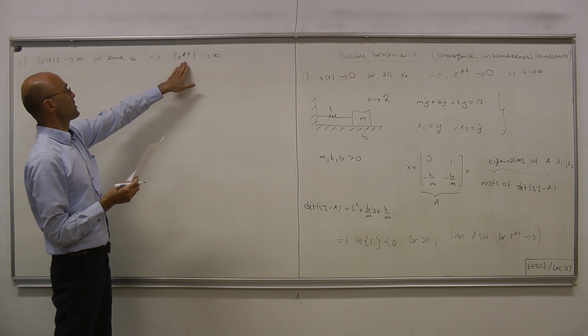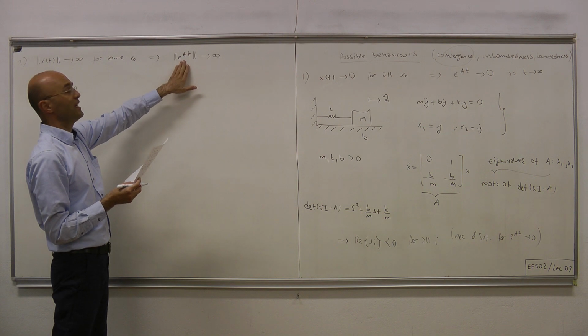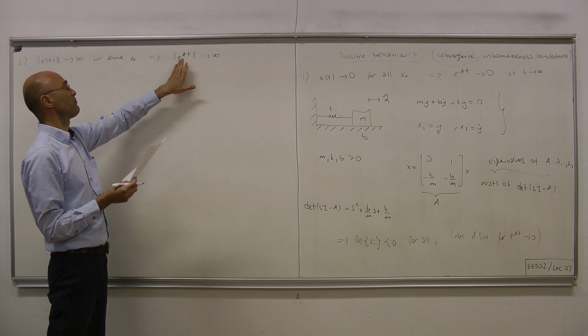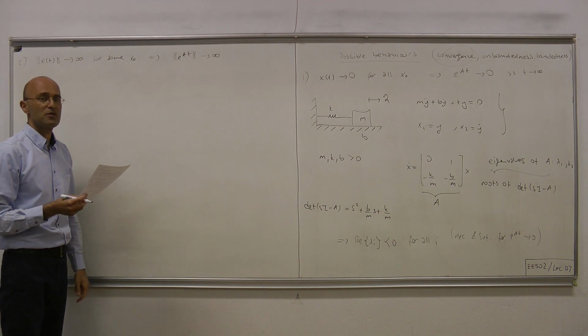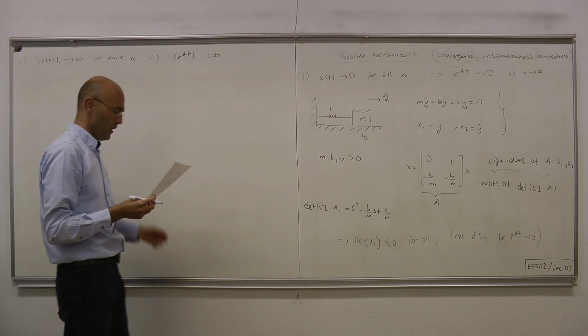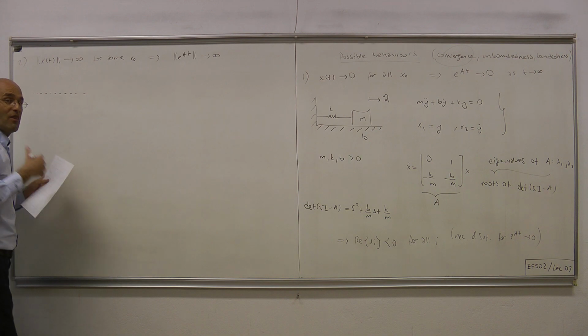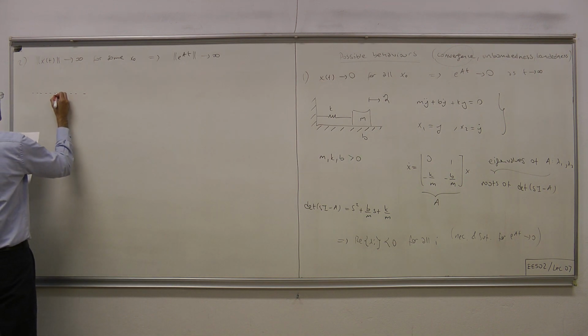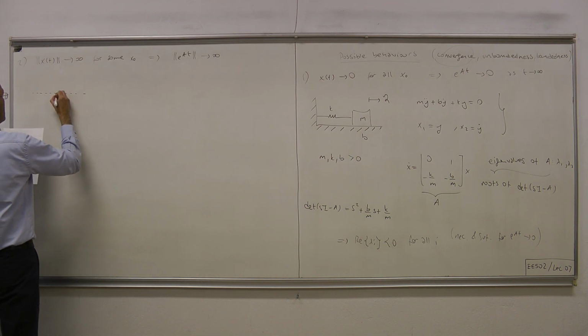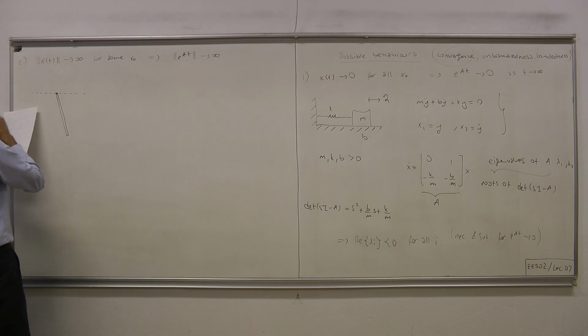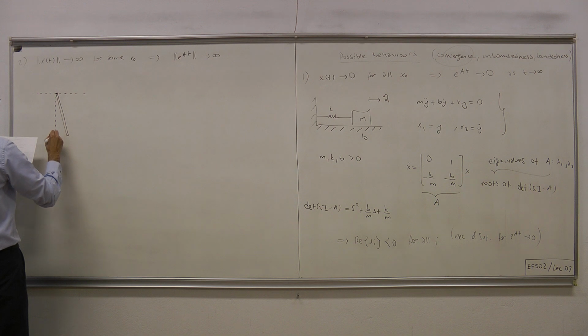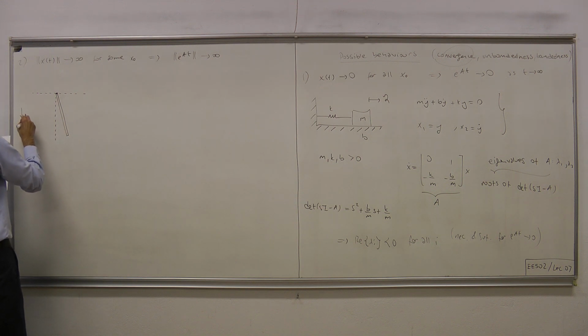Now, let's, from a real example, obtain a case, a linear system, for which the state transition matrix blows up. For that, let's begin with a nonlinear system and then linearize it. Okay, let's consider the pendulum. This is the direction of gravity.